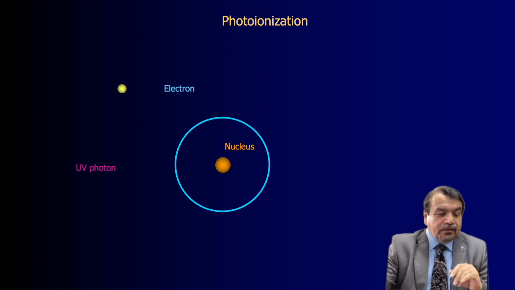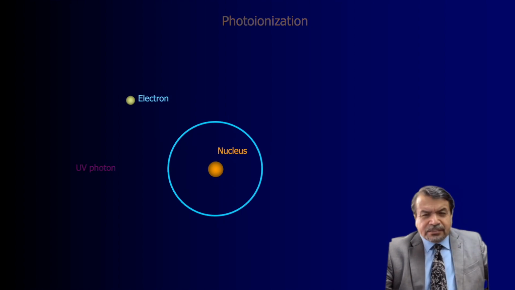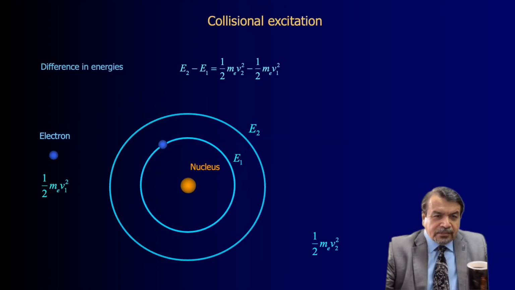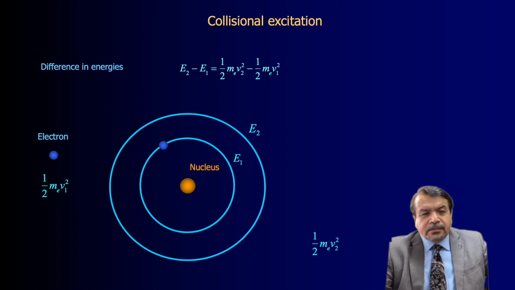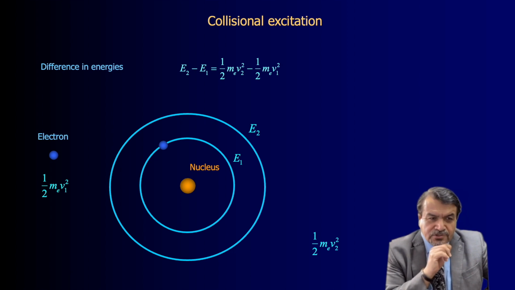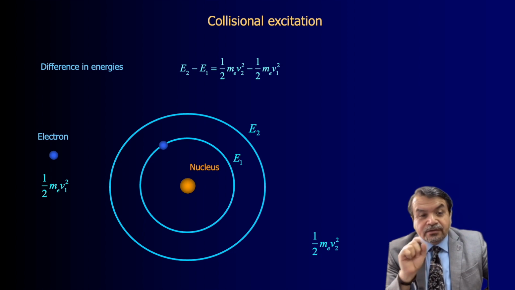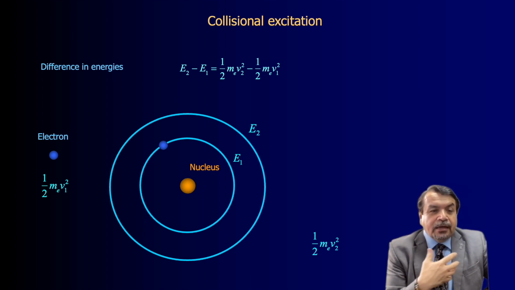Let us observe another phenomenon that also takes place in these gases and deserves our attention. Here, one of these free electrons interacts with a neutral atom. What it is going to cause will not be enough to free the electron, but it will be enough to excite the electron that is there by giving it part of its kinetic energy.